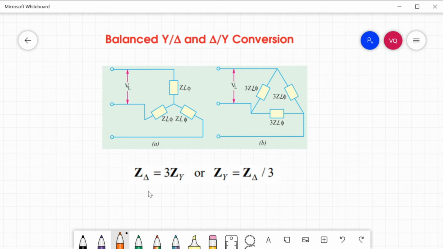We'll convert the impedances in delta to Y. So the impedance in delta is equal to 3 times the impedance of Y, or the impedance of the Y connection or star connection is equal to the impedance of delta divided by 3.